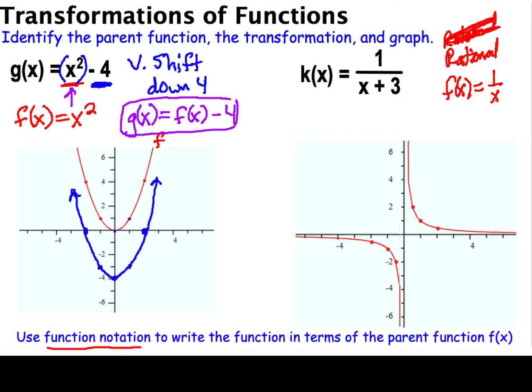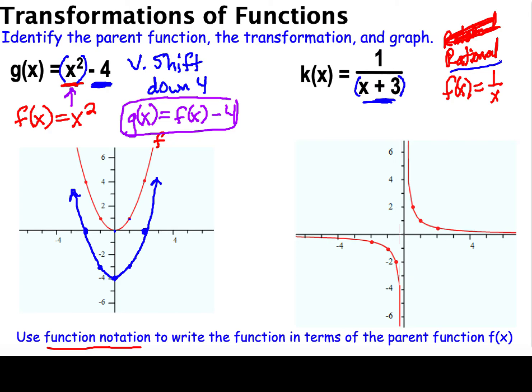Now, the big difference, again, is that we've added 3. But now notice we've added that inside of my fraction. Technically, order of operations says that addition is going to happen before we divide. And remember, when things happen before the parent function does, then they're going to happen horizontally.